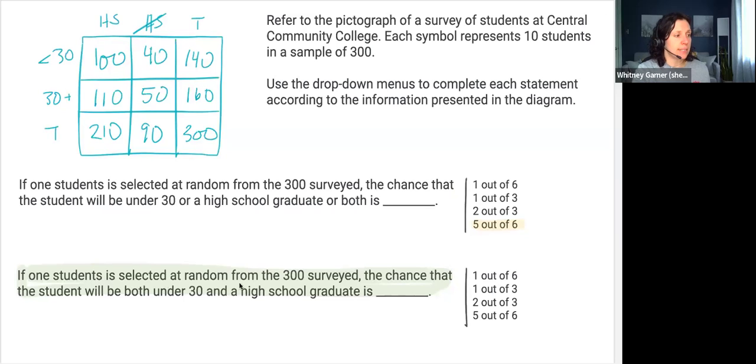If one student is selected at random, the chance that student would be both under 30 and a high school graduate is just this box. So this box is 100 out of 300, or 1 out of 3. Much faster if we just go ahead and do the work, get it into a double set matrix, and now we can just count the numbers straight off the graph.